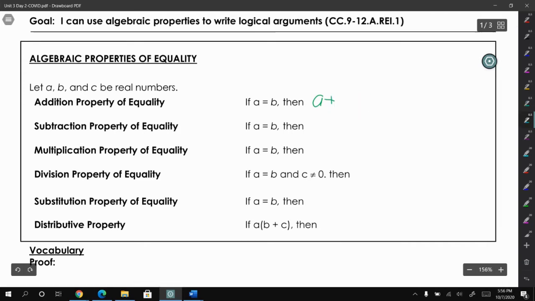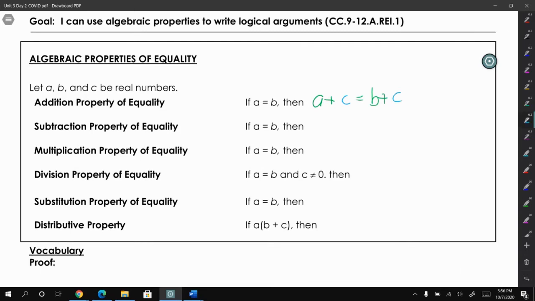So A plus C is equal to B plus C. And you do this all the time when you say, okay, I'm going to add 7 to both sides of the equation. You're doing the addition property of equality. You're adding something to both sides.